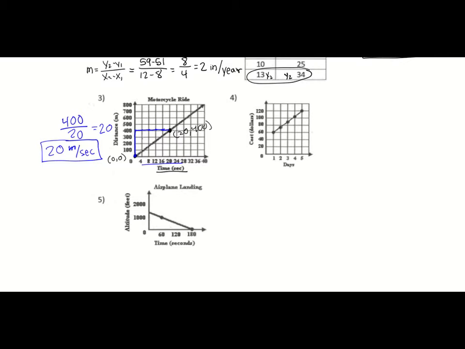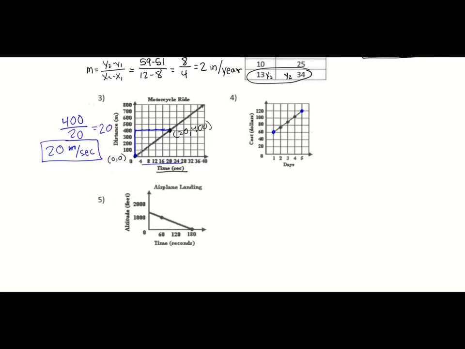Okay, let's look at number 4. We have another graph, so we can find 2 points and find our rise over our run. Now our first and our last point look like they land nicely on those intersections. So that is where I'm going to start counting my rise over my run. Now again, I'm going to be careful of my scale, so I'm starting at 60, and my next line goes up to 80.